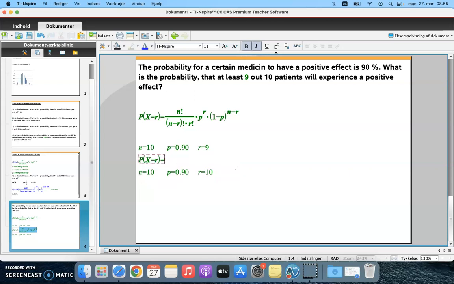So first of all, I'm gonna try out the first one here. It says R is equal to 9, and all the N's I'm gonna replace with 10. Now R was 9, right? So I'm gonna type 9 here, and 9 here, 9 here, and 9 here, and then P was 0.90.